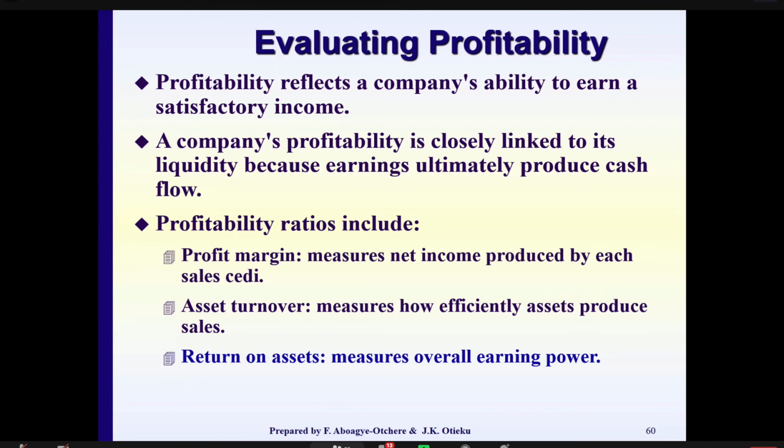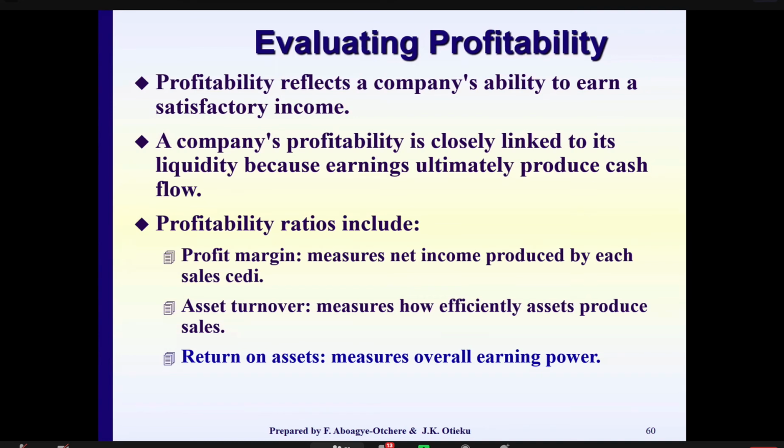Now, when we're discussing common size analysis or vertical analysis, we did discuss the margins. Here we're looking at the relationship between gross profits and net sales or turnover or revenue, whatever is used to measure the sales.